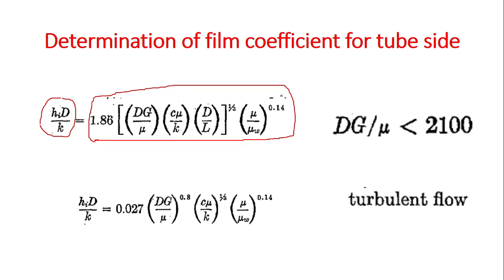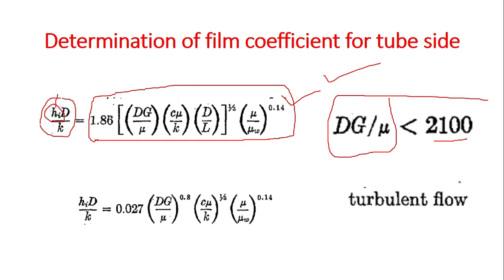And this formula would be useful for the determination of the convective heat transfer coefficient when the Reynolds number is less than 2100. It means that for the laminar flow, this formula would be useful for the determination of this parameter, which is known as the convective heat transfer coefficient, which is HI, right?